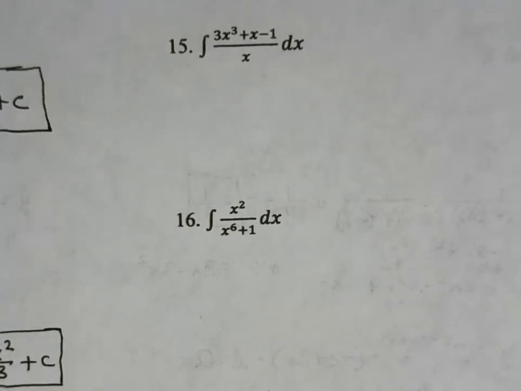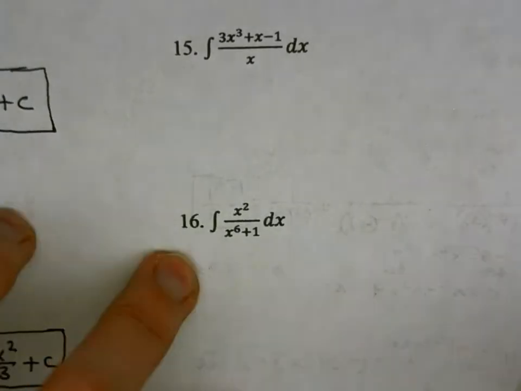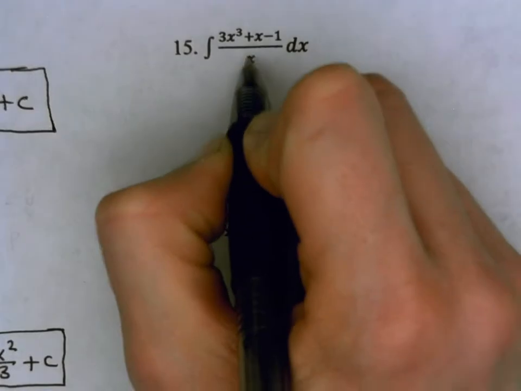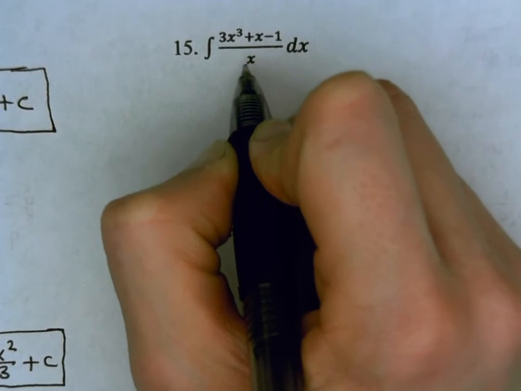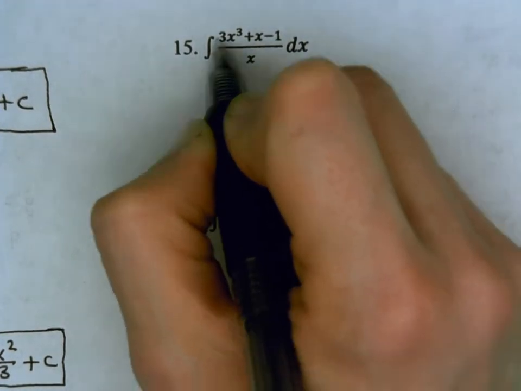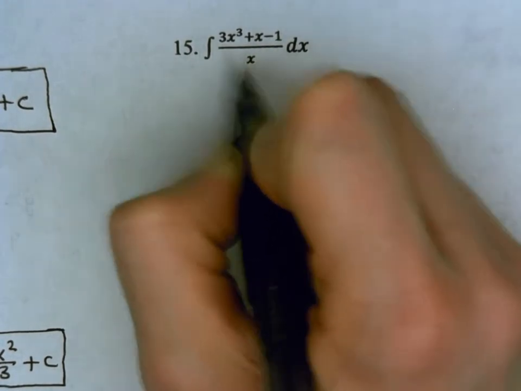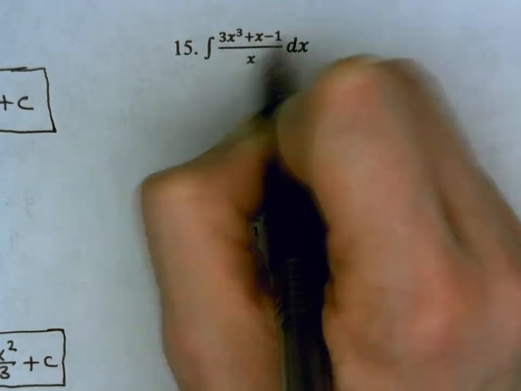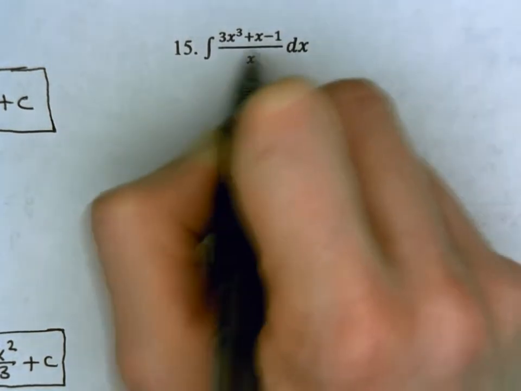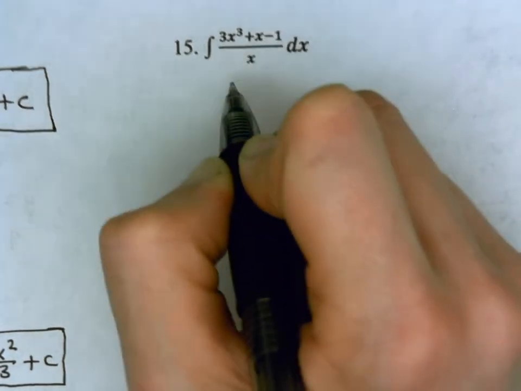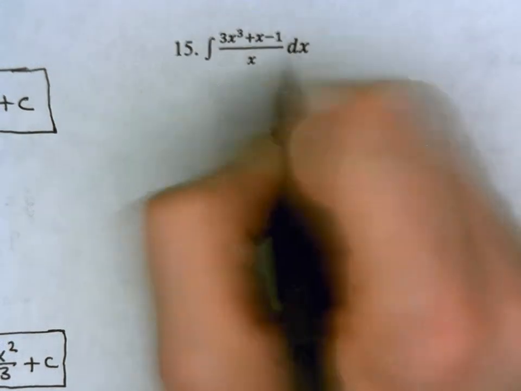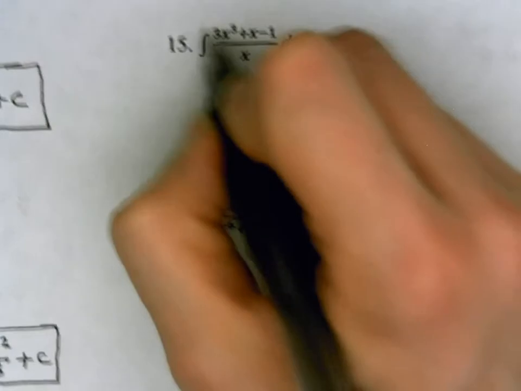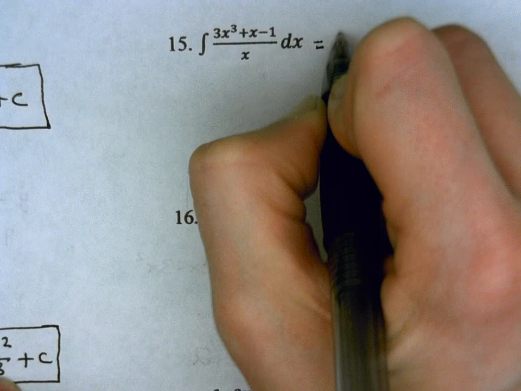On number 15, (3x³ + x - 1)/x. Okay, so we have a singular term in the denominator, which means you can view it two different ways. One, you can think of it as splitting that denominator to each of the numerator's terms and simplifying. Or you can think of it as changing that to x to the negative 1 and then distributing it in. Personally, I always think of it as distributing to each of those terms.